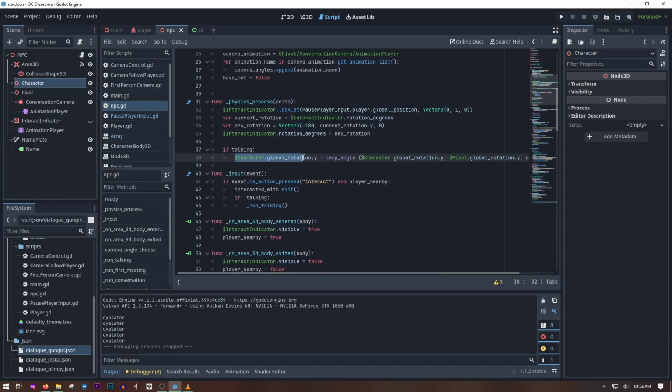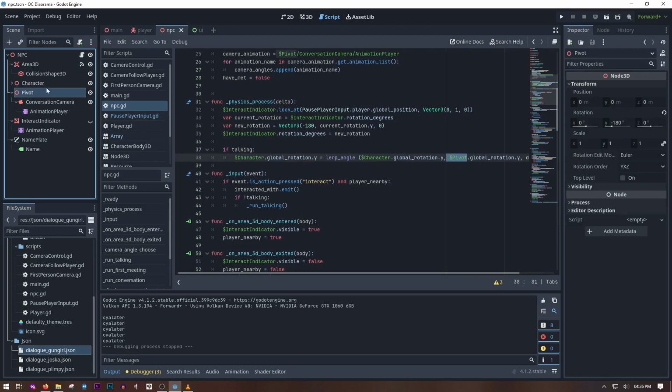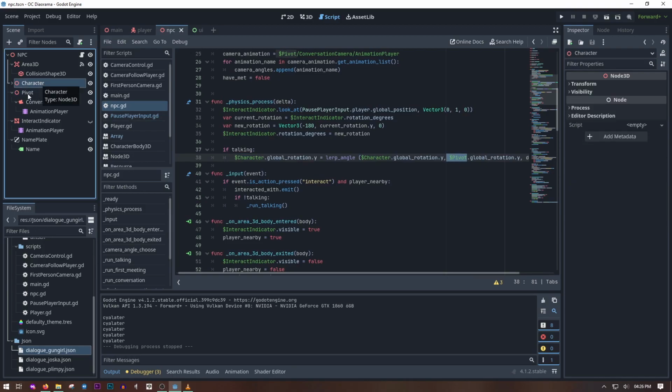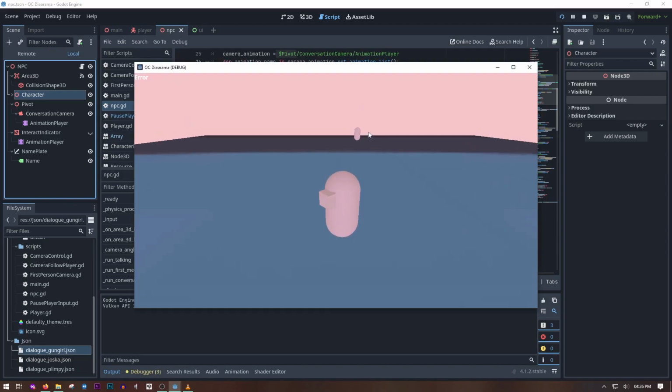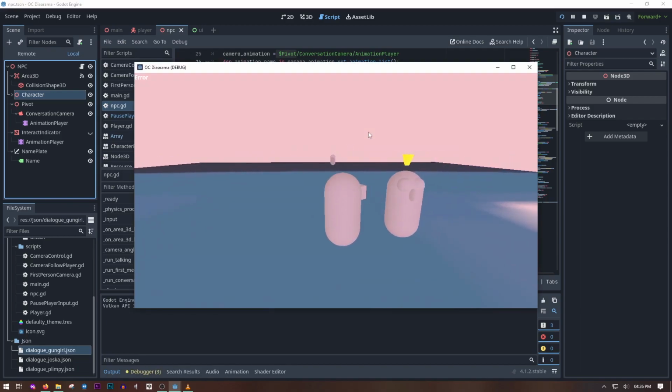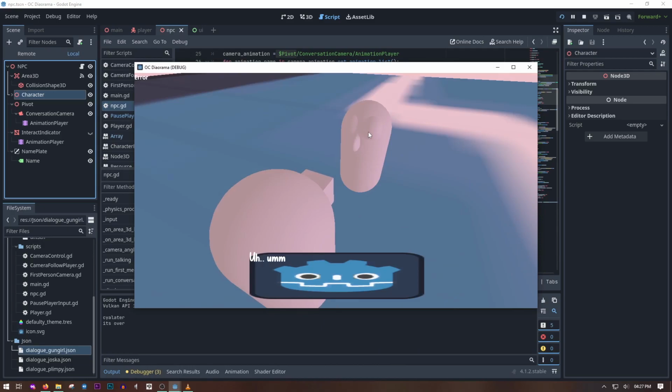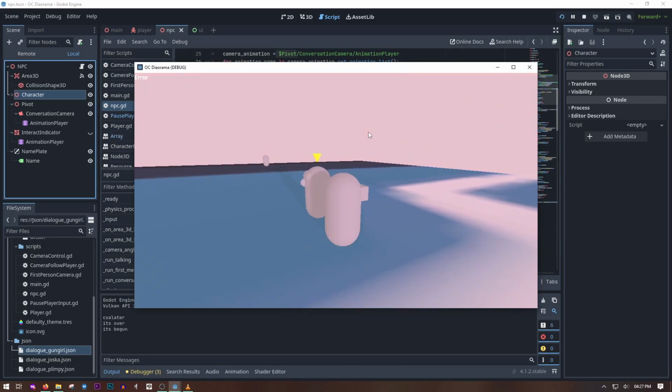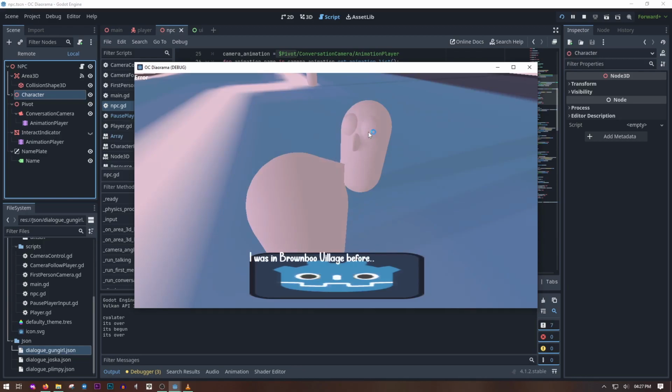Every frame, it lerps that rotation so the pivot and the character, the way it's looking, and the model's direction are lerped slowly and smoothly. So if we check that, we go here, they're not looking in my direction. Oh, now they are. So we're both doing the same spinny-around when we're talking.